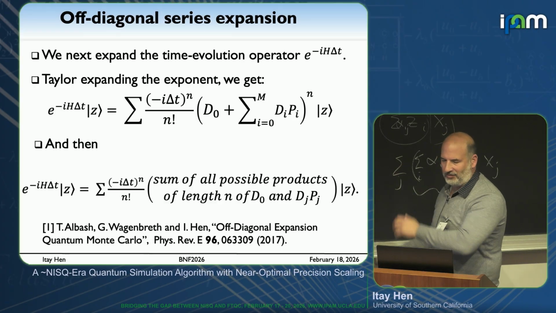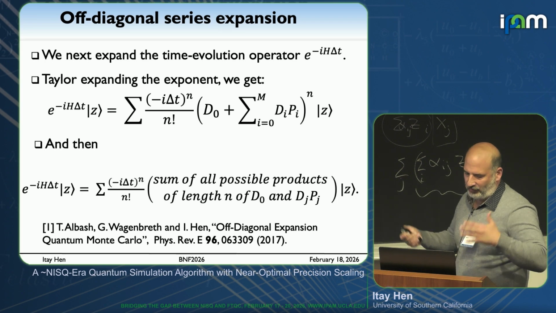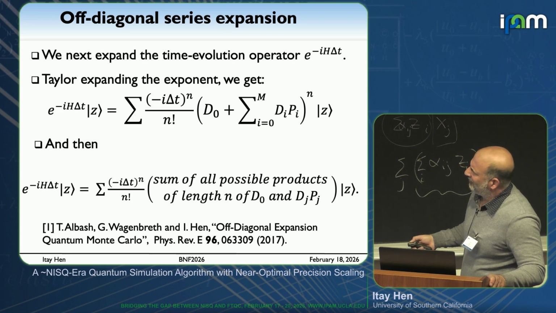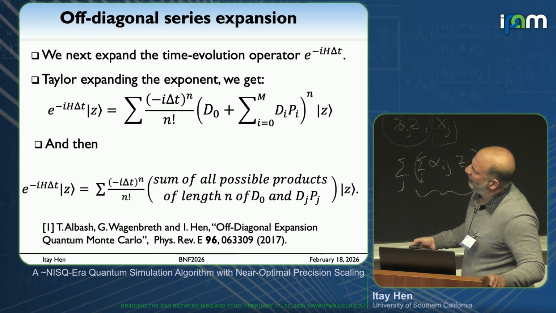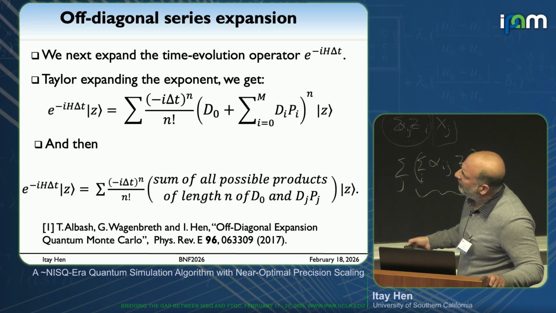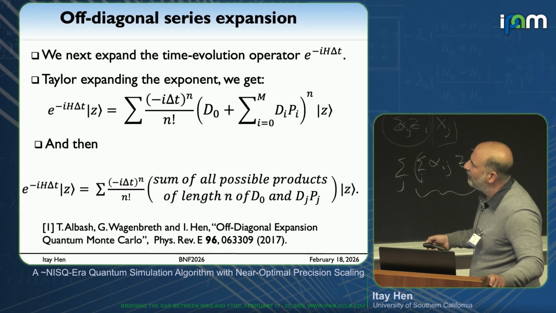We will still cut the unitary into smaller delta t's, because that's where we get some optimality. So we will still use short time intervals. But anyway, we Taylor expand the exponential, and then we write the Hamiltonian in this PMR form, and we raise it to the power n, and we sum over n.